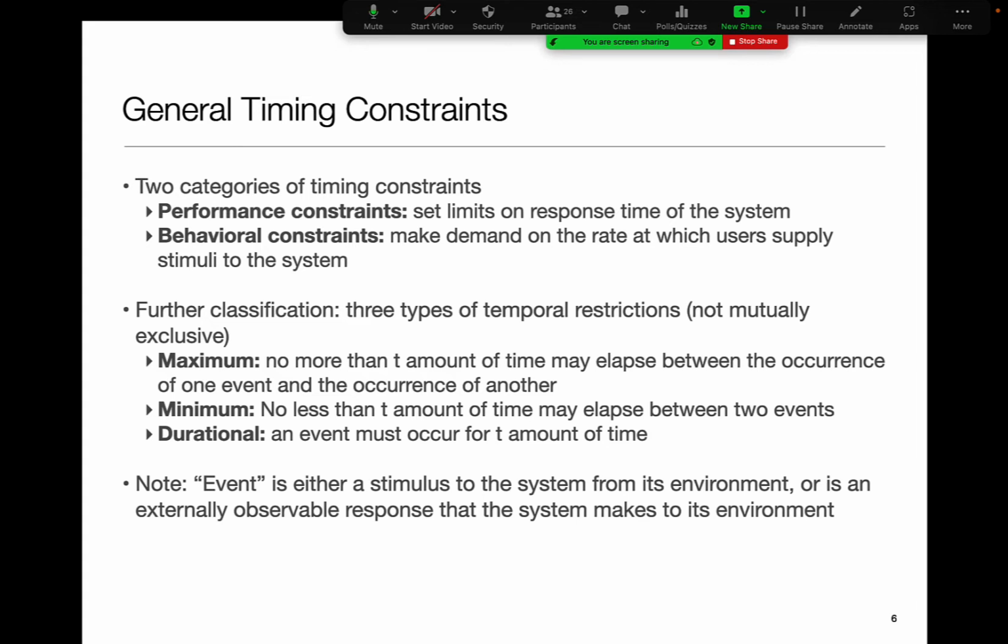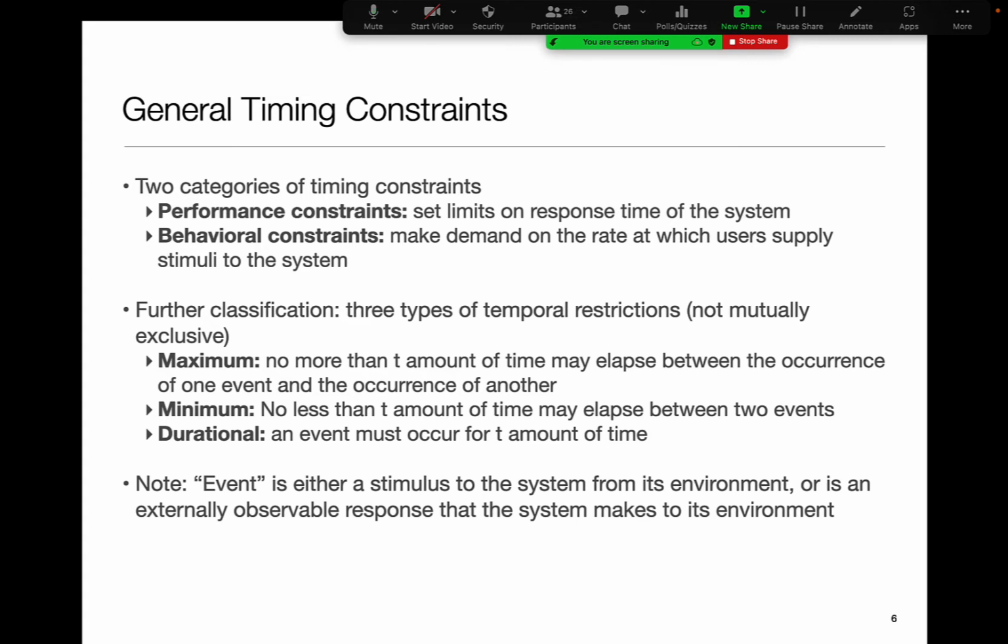There are timing constraints which are about the performance of the system, placing some demands on the system, and then there are timing constraints which really make a statement about the environment.